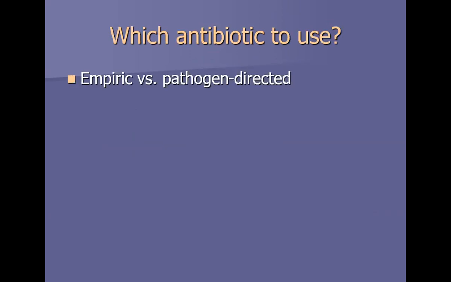So then when we're deciding on what antibiotic to use, we often will start empiric and then do pathogen directed once we have an idea of what the pathogen is. But empiric can still be pathogen directed. Example, community acquired pneumonia. We start empirically with ceftriaxone and azithromycin, or we should if it's community acquired pneumonia. And that is still to some degree pathogen directed because we're thinking of the most likely organisms causing community acquired pneumonia, right?